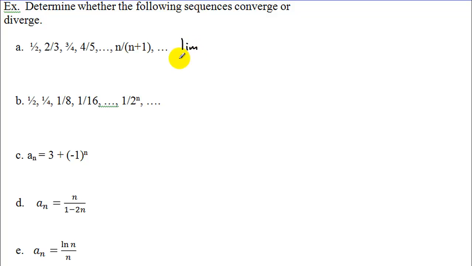Well, so we're going to take the limit as n approaches infinity of n over n plus 1. Well, as n approaches infinity, it's no different than saying the ending behavior. And when the powers match, we take the coefficients, and so this one converges to 1.